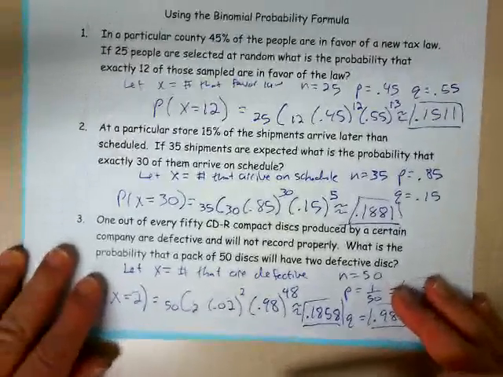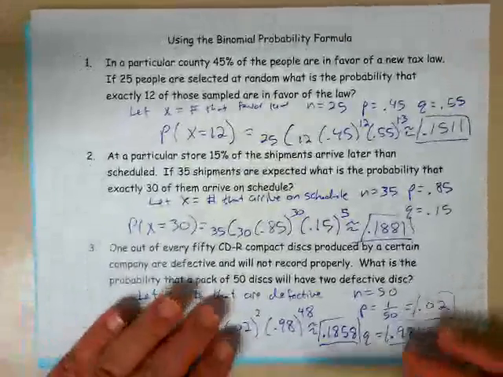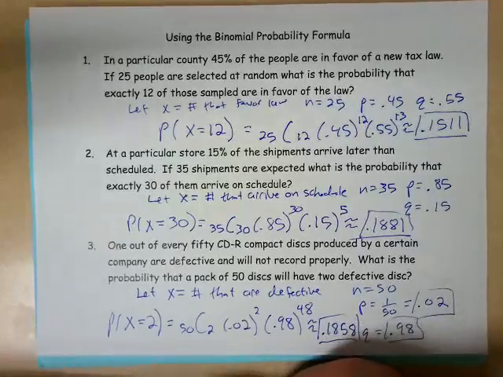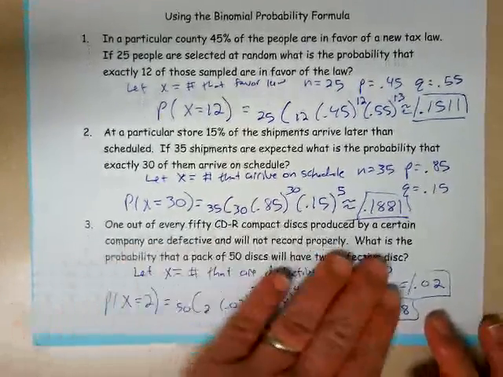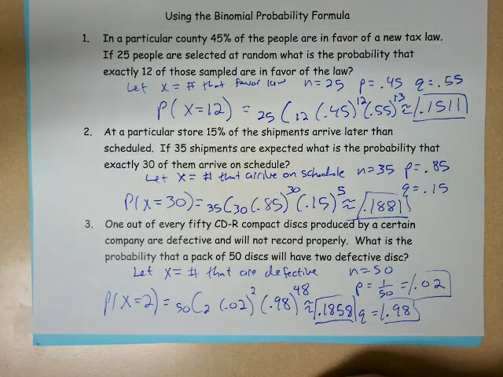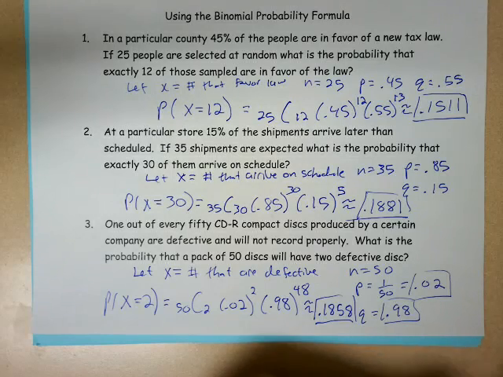So that is the binomial probability formula. There's some more stuff that we're going to have to learn. As a quick heads up, like in this last one, what if I had asked for the probability that the number defective is less than or equal to 2, instead of exactly 2?